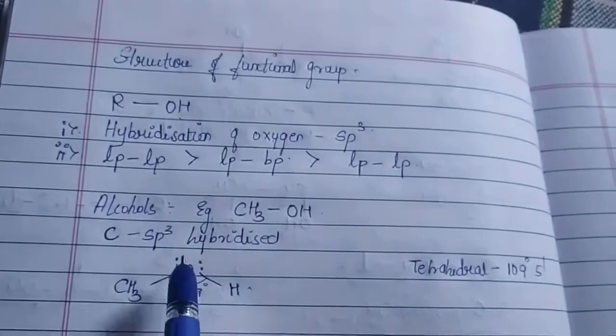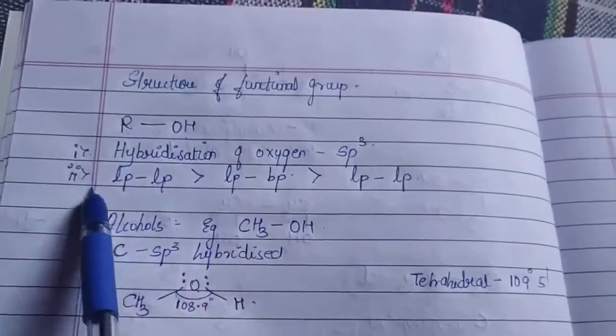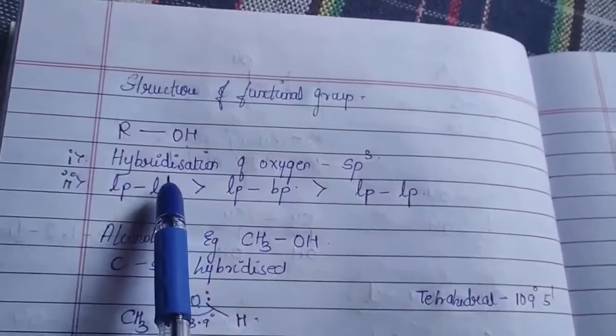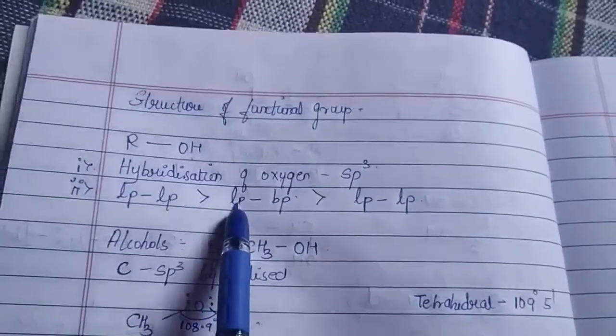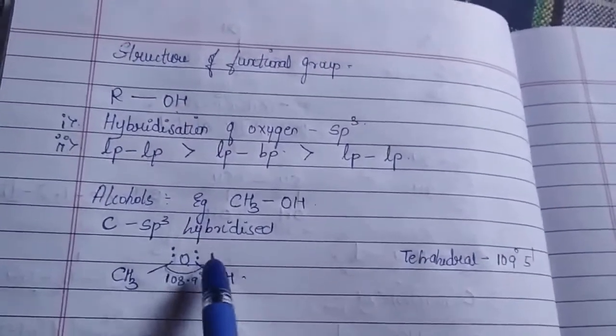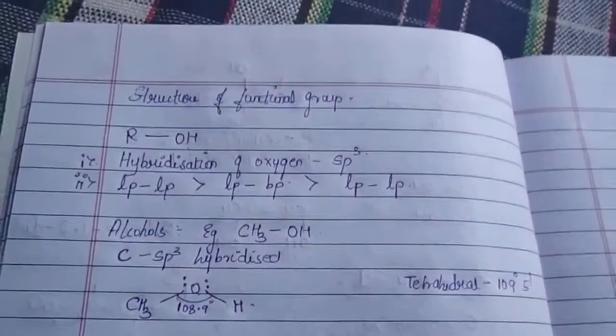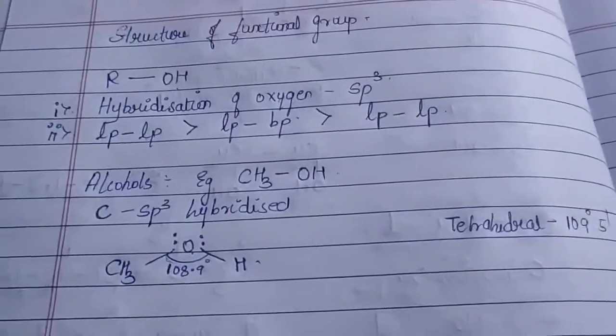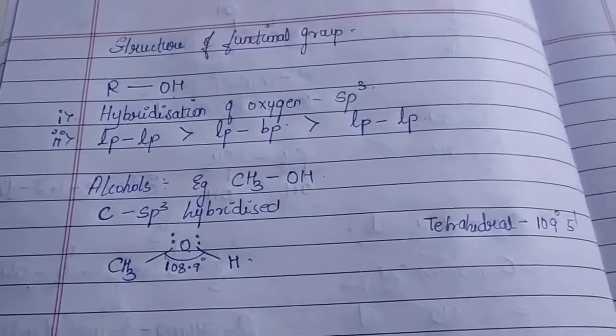And we know that the magnitude of the lone pair-lone pair repulsion is very much higher when compared to the lone pair-bond pair repulsion. Due to the lone pair repulsion, the bond angle reduces. Now certain pupils will have a doubt.